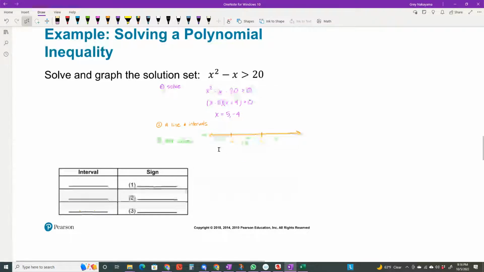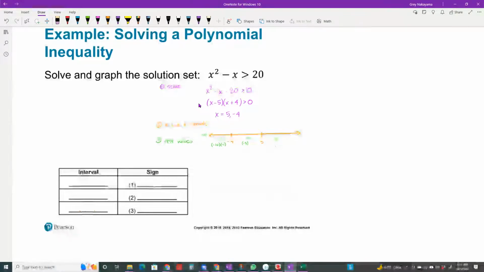So if I plug negative 5 into this right here, then negative 5 minus 5 is negative 10, and negative 5 plus 4 is negative 1. All right, that is a positive number.